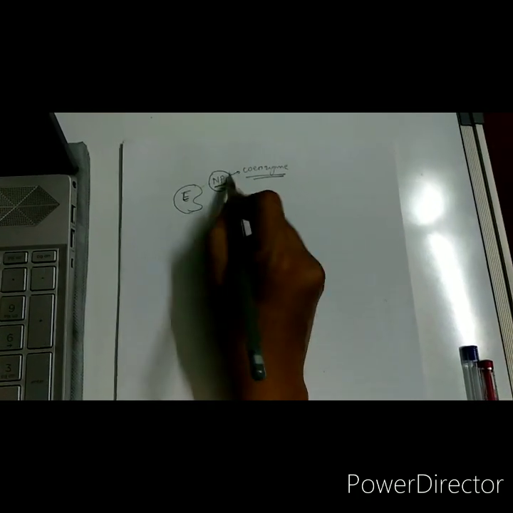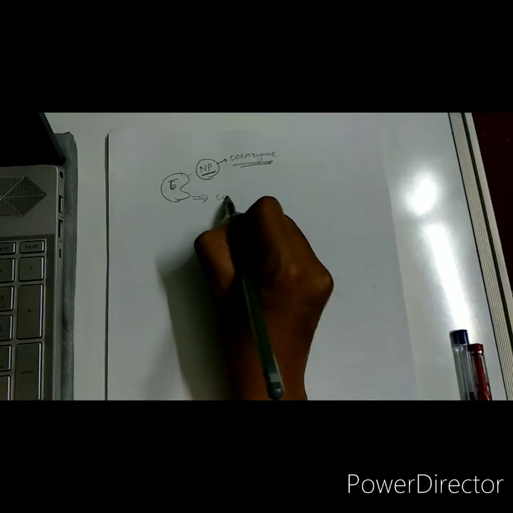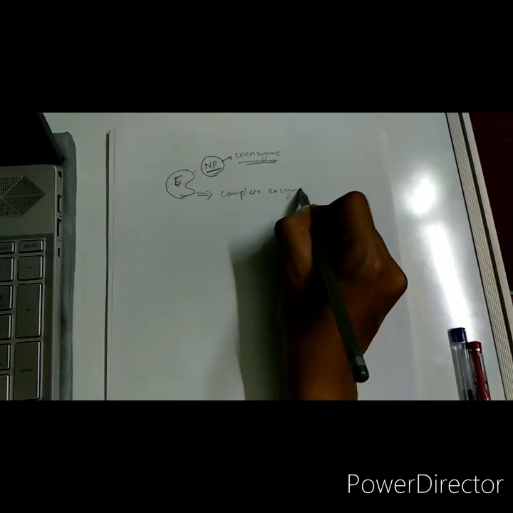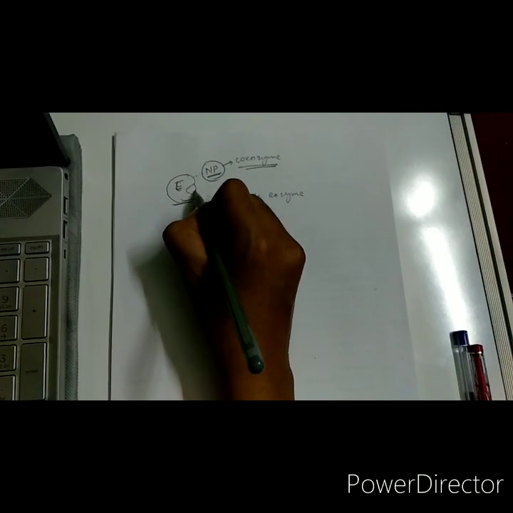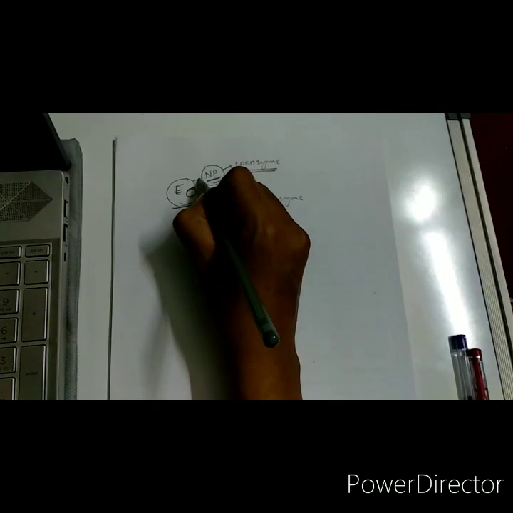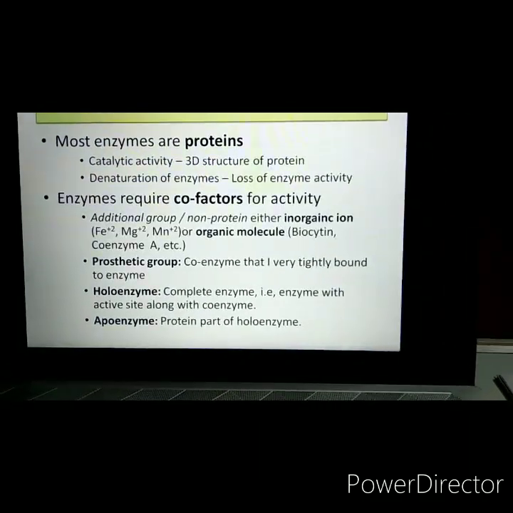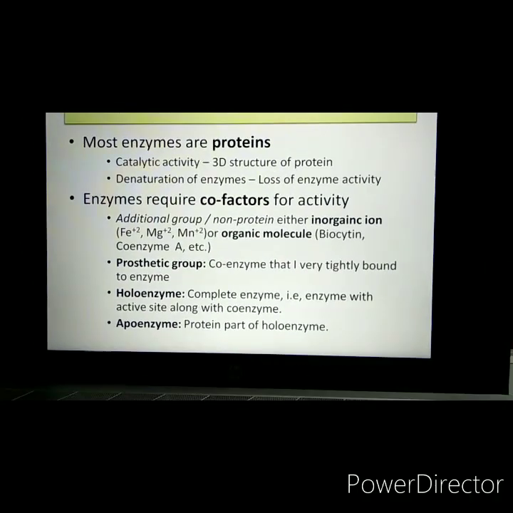This whole is known as the complete enzyme. That is, the enzyme along with the active site and bound to the non-proteinous group is known as a complete enzyme. Such enzymes are known as holoenzymes.